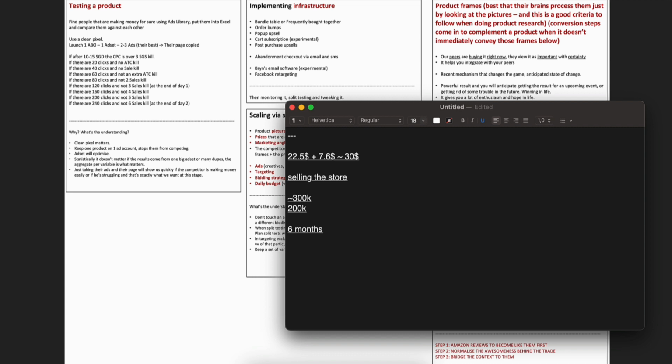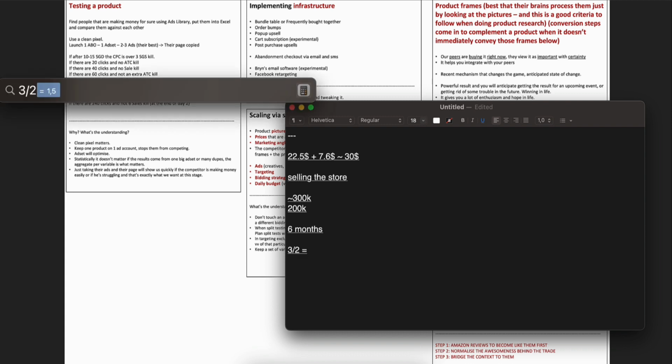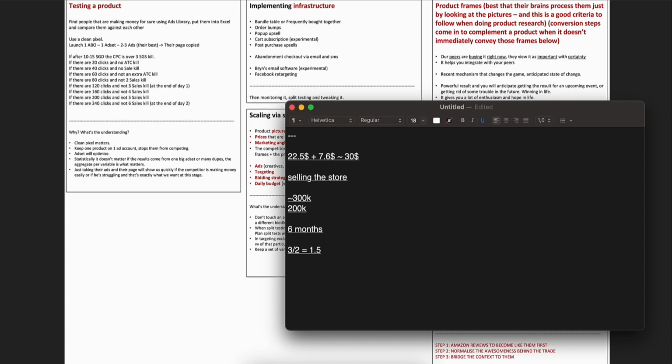So my point is that if we take this case study and generalize it, we can squeeze an extra 3 divided by 2, which is a 1.5, so multiple. So if we take the $30 profit and we multiply it by 1.5, we're at $45 profit per sale, just because we are selling the store. Okay.